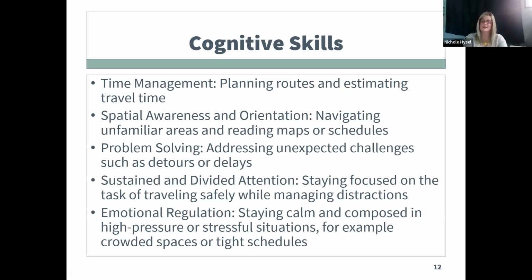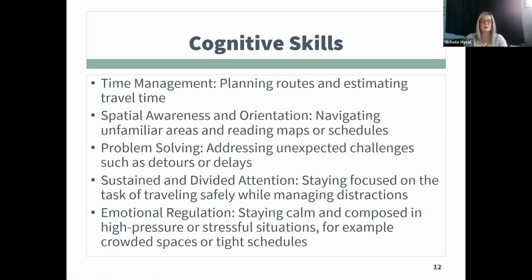Problem solving includes addressing those unexpected challenges as they come up, whether we're riding on a bus that's taking a little bit extra time, or we run into road construction and we're facing being late. Sustained and divided attention is staying focused on the task of traveling safely while managing other distractions in the environment.